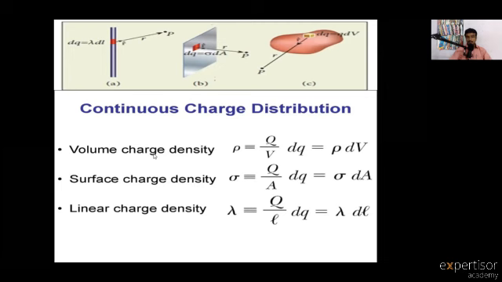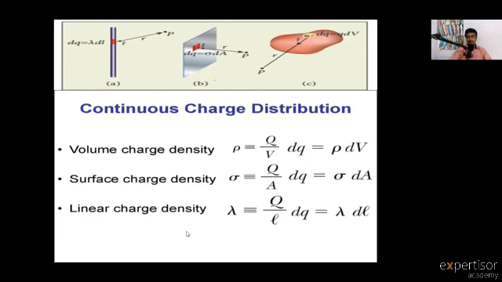Then what is the relation between the electric field and these three charge densities? So what is the electric field equation? E is equal to 1 by 4 pi epsilon into Q divided by r square. When you discuss the linear charge density and electric field relation, at the place of Q in the electric field equation, that means E is equal to 1 by 4 pi epsilon naught into Q divided by r square, you have to put the value lambda into dl.